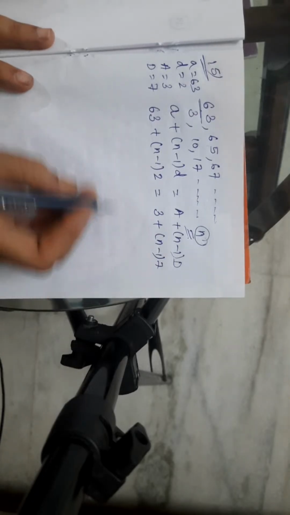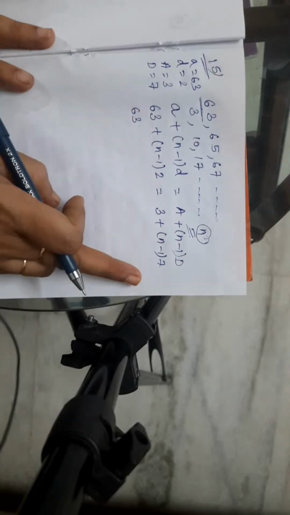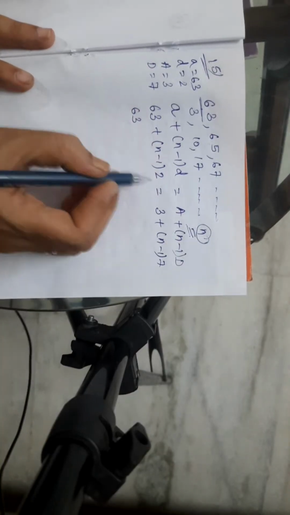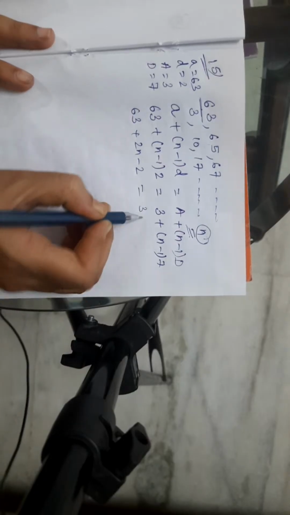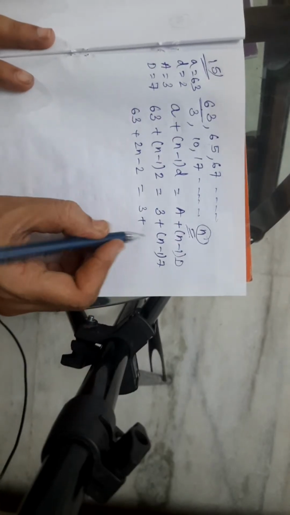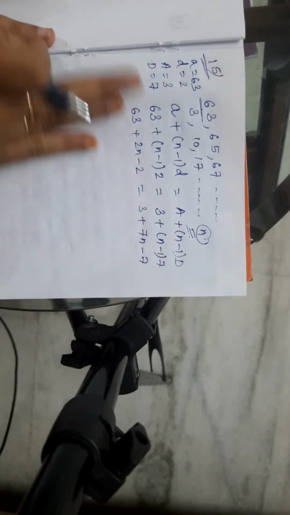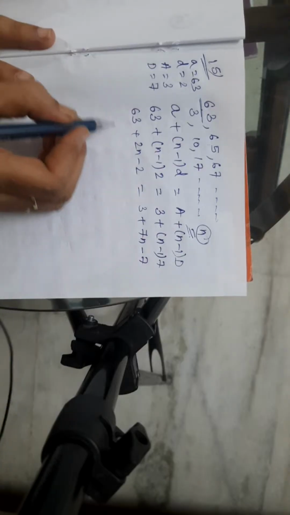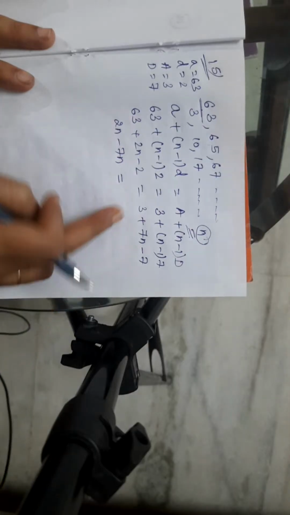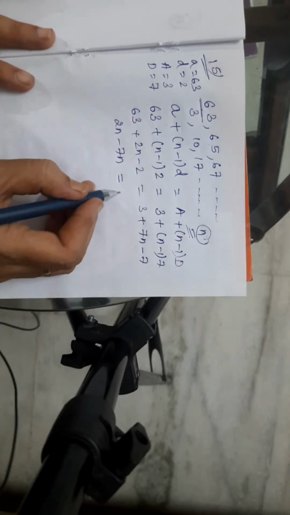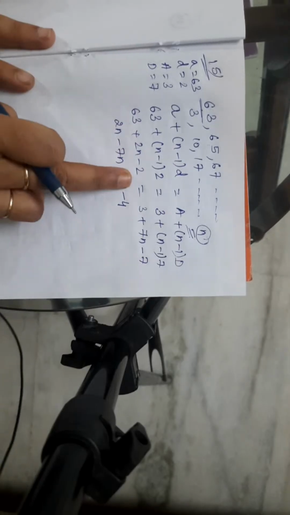Now let's solve the equation. 63, so you are solving, open the brackets. 2 multiplied by n is 2n minus 2 is equal to 3 plus 7 multiplied by n is 7n minus 7. Now bring all the n terms together. So 2n minus 7n is equal to 3 minus 7 is minus 4. 63 minus 2 is 61.